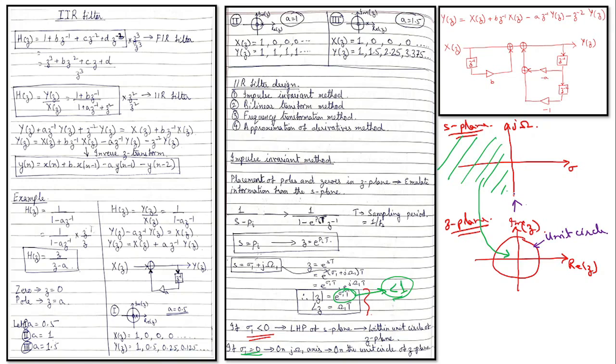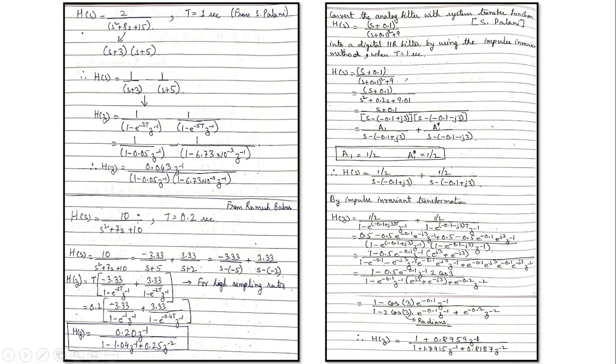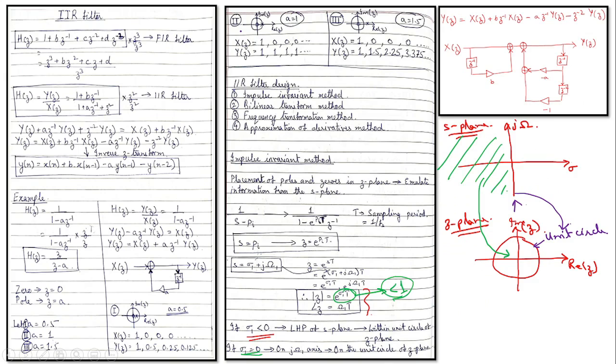Okay, so when sigma is 0, these points will be mapped onto the unit circle. And lastly, when sigma 1 is greater than 0, then we are on the right hand side of the S plane, and it would map to the outside of the unit circle, right?